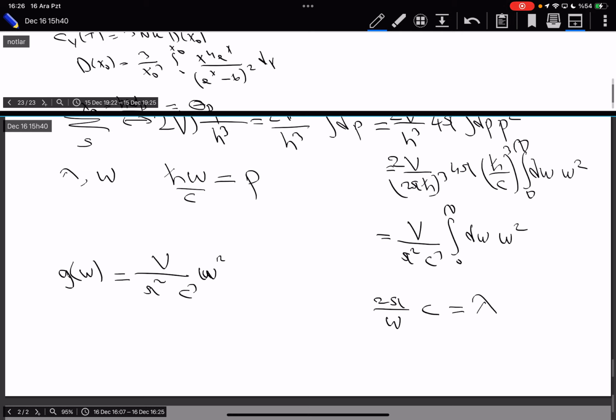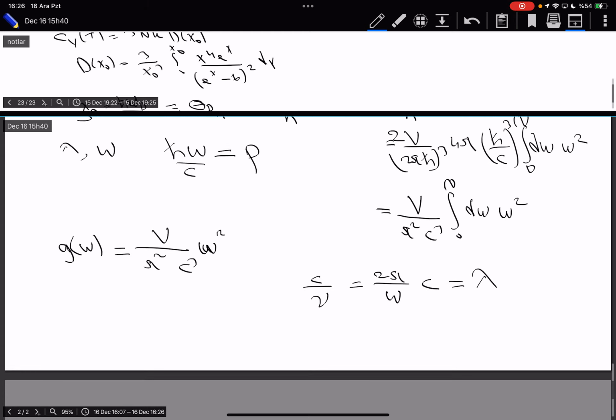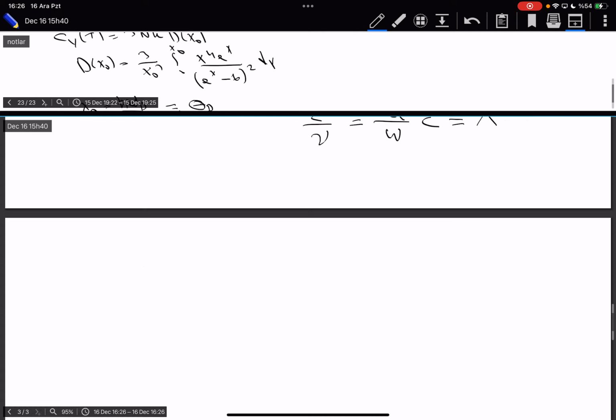So this is the relationship between lambda, c, and omega, or this is c over nu. So basically, you can solve for omega and put it over here, and that will give you the density of states in terms of omega. Now, what is the energy of this system? Energy per volume.